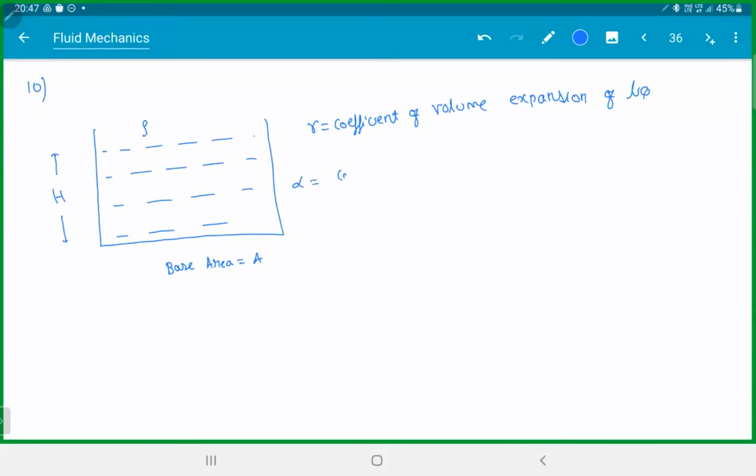Alpha is the coefficient of linear expansion of the container. Find the change in pressure at the bottom of the vessel when the temperature increases by delta T.